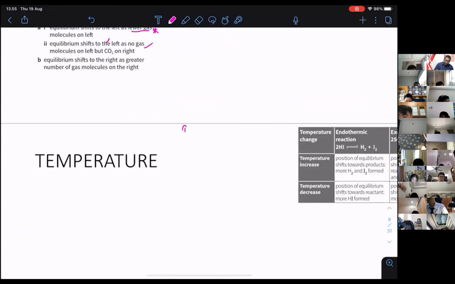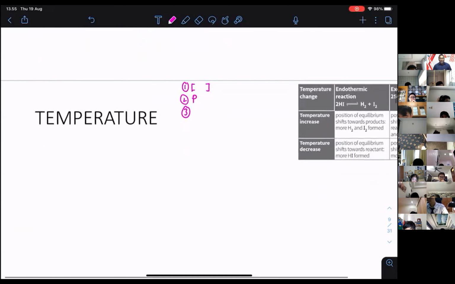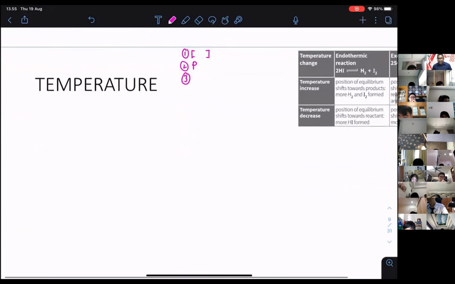So if I recall again, I have gone through concentration. Number 2, we went through pressure. Now we go into number 3, which is temperature. For temperature, I will just straight away use my method. Maybe the other students are already aware of this, so maybe Jackson, you try to adjust to my method a bit.